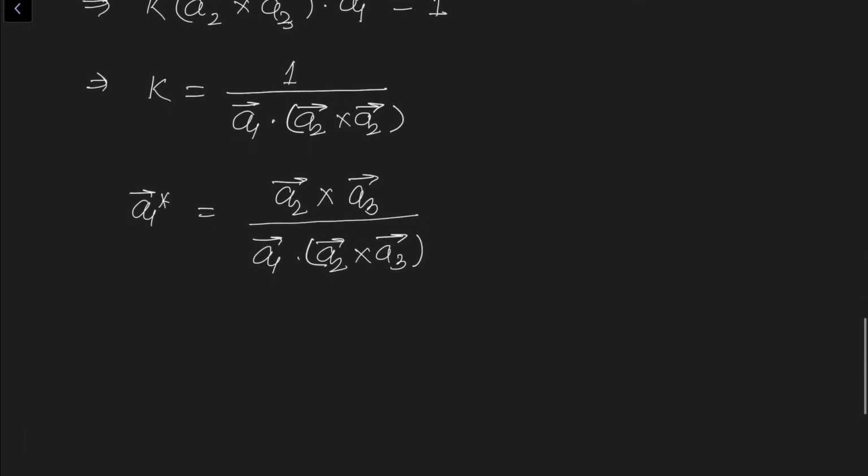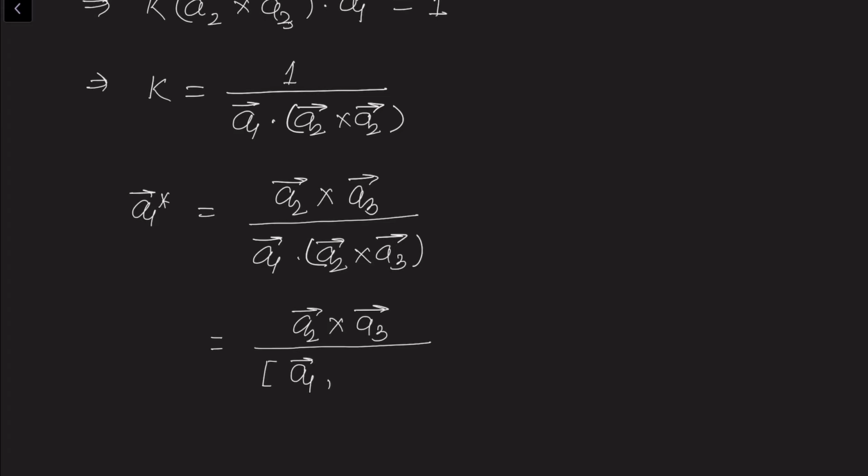So this is what we wanted, and we can write this in some other forms. For example, this denominator is also known as the scalar triple product of these three vectors.